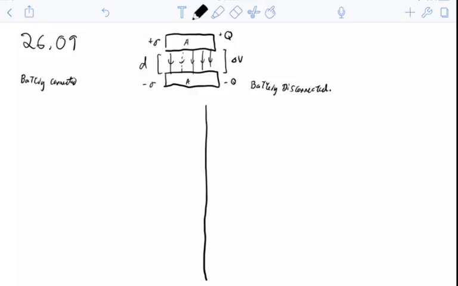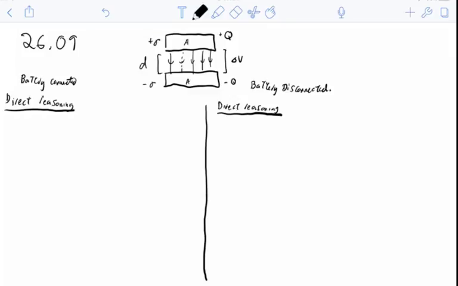Well, let's try it with direct reasoning first. When we reason our way through it, the idea here is that there's a chain of arguments.